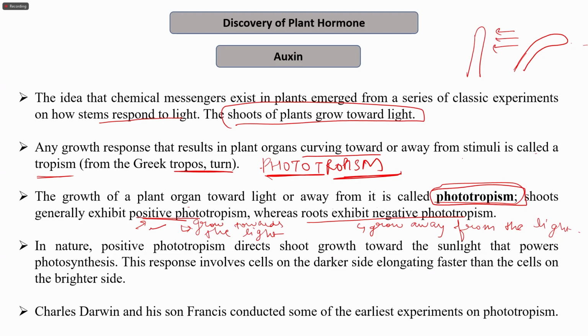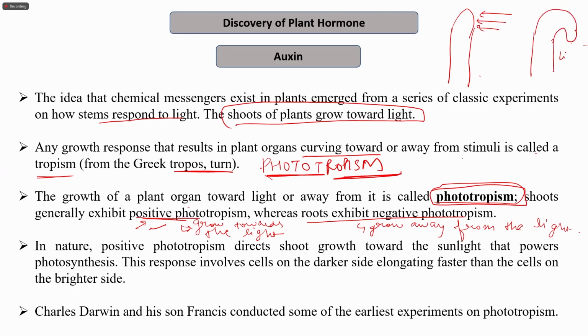This response involves cells on the darker side. So why is this happening? How must this be happening? Suppose this is the plant shoot, and the direction of light is this, and ultimately it is bending towards the light.